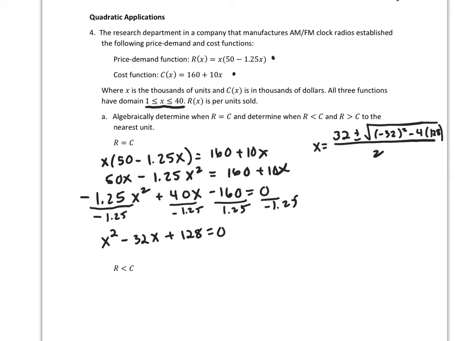So I used my calculator and I got x to be about 4.7, I'm rounding, or x is 27.3. Okay, so that's where revenue equals cost.